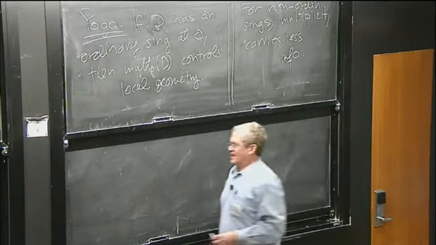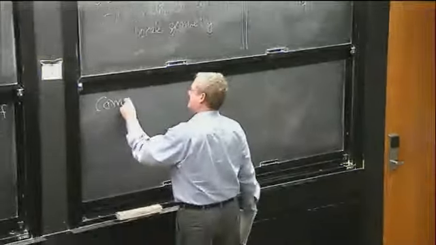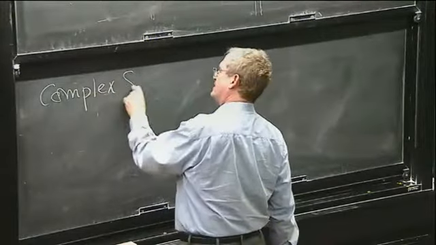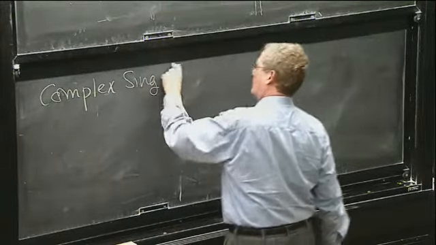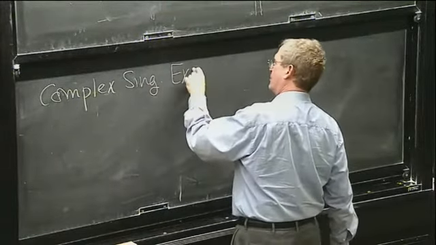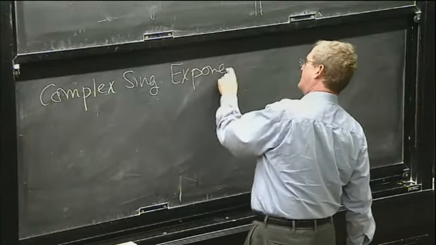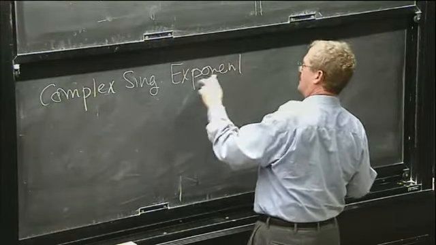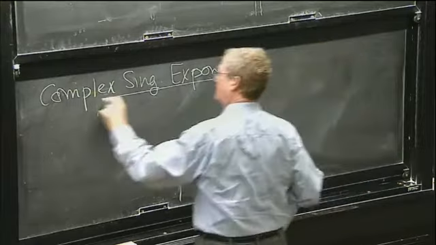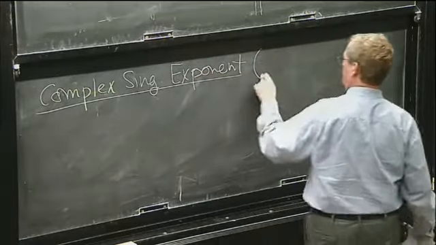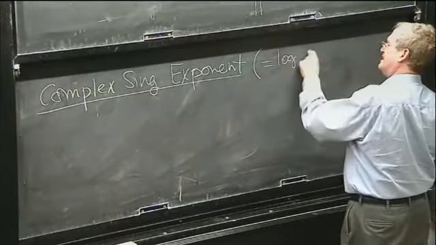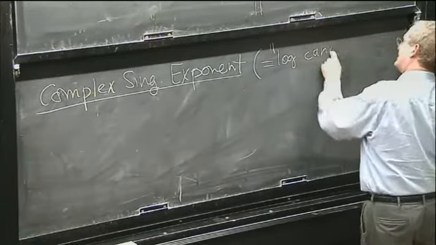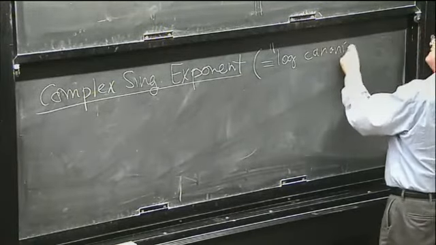It has various different names. It's called the complex singularity exponent, or in algebraic geometry, the log canonical threshold. This is the main thing I want to talk about today. So this is the log canonical threshold.